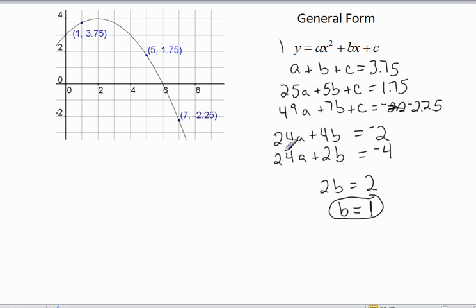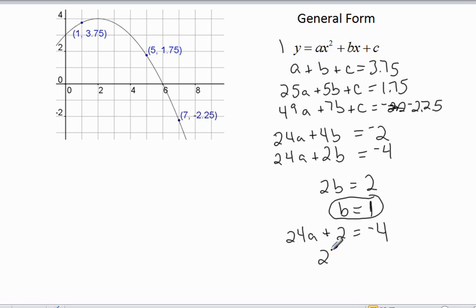Now I'm going to pick one of these two equations, and I'll do it. I think I like this one right here, and I'm going to put 1 in for b and solve it for a. So I'll get 24a plus 2 times 1, that's just a 2, is equal to, up here, negative 4.